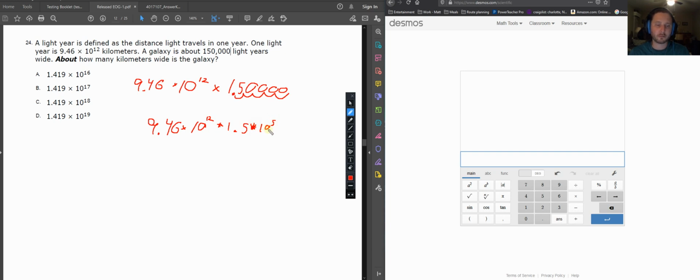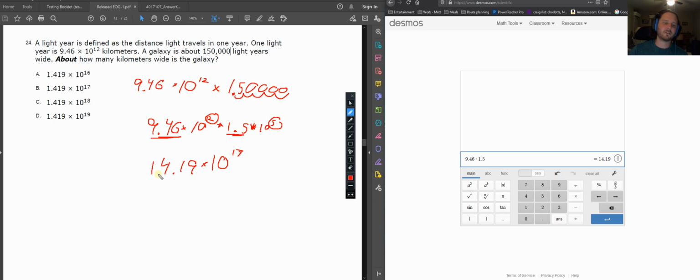So if I were doing this problem, we'd multiply these two amounts. So that would be 9.46 times 1.5. So that gives me 14.19. That's not going to work, but we'll write that for now. 14.19 times, we would simply add these two exponents to get 10 to the 17th.